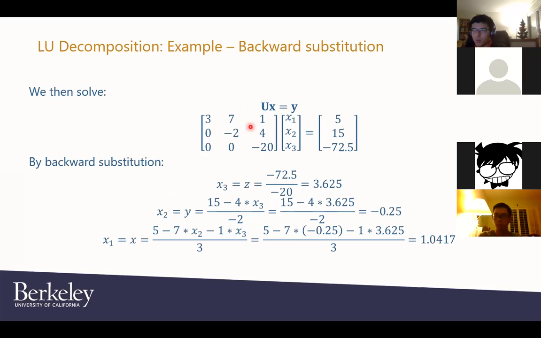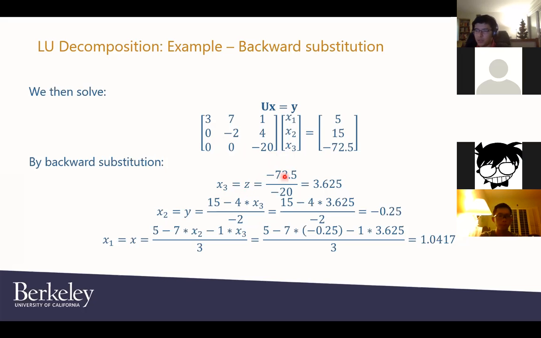And then we know that y equals Ux. We have that from before. So this is just as in the backward substitution from the previous algorithm. We can see directly that x3 equals this guy over -20. And again, our x3, that's our third variable, or Z in this case.